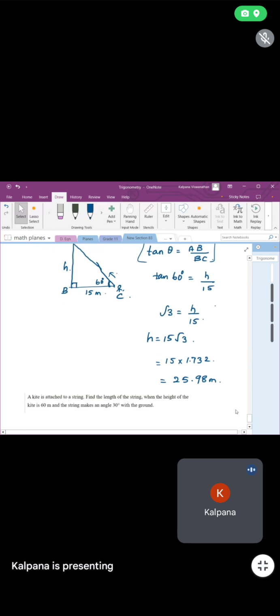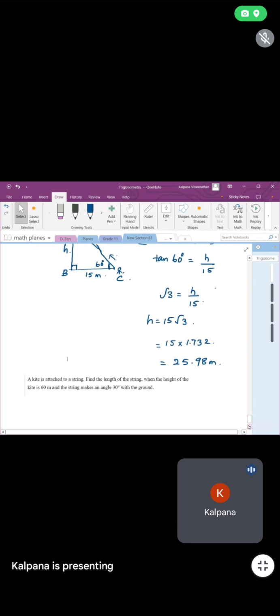Can you see the question? A kite is attached to a string. Find the length of the string when the height of the kite is 60 meter and the string makes an angle 30 degree with the ground.